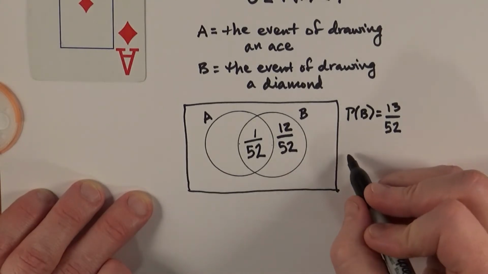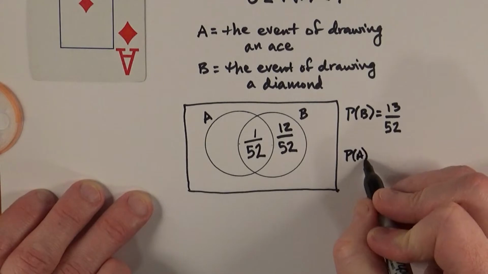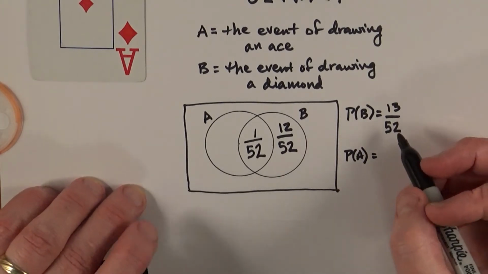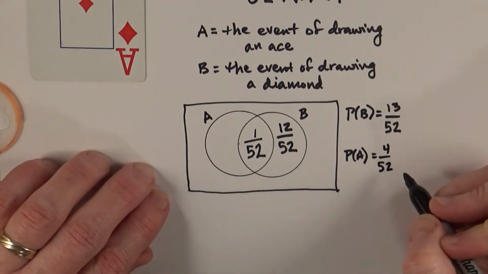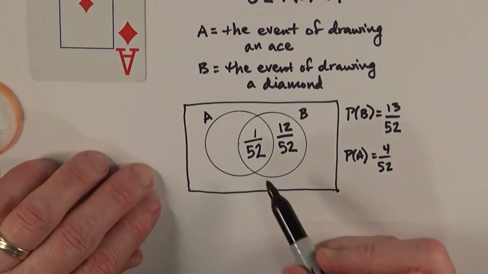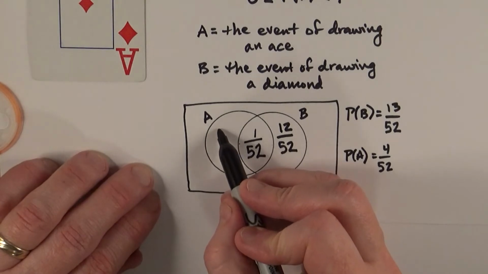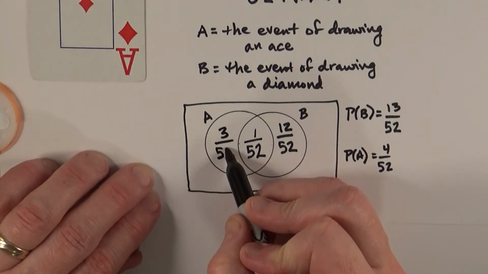And then I need the probability of A, the event of drawing an ace. Well, that's 4 out of 52, or 1 out of 13. And if I have 1 out of 52 already, then that means there's 3 other aces out of the 52.